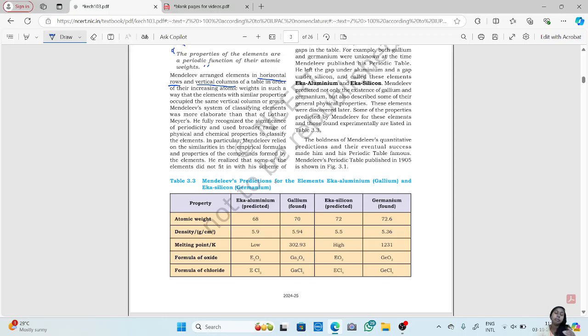So he arranged them in such a way that the elements which had the same properties came under the same vertical columns or groups.